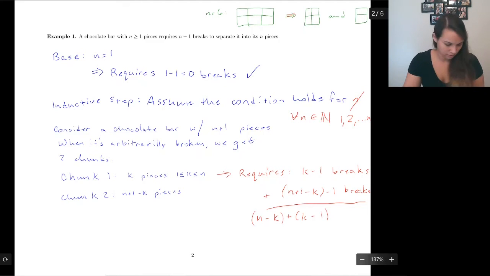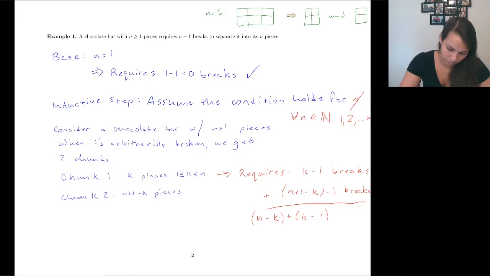Did I do this right? Oh, I'm missing a break. Consider a chocolate bar with n plus 1 pieces. When it's arbitrarily broken, we get 2 chunks. So that's 1 more break.